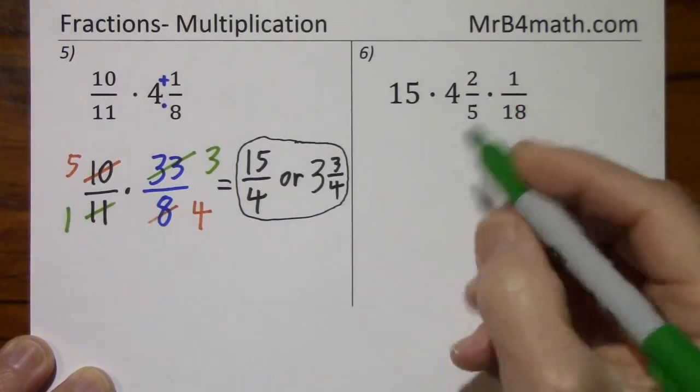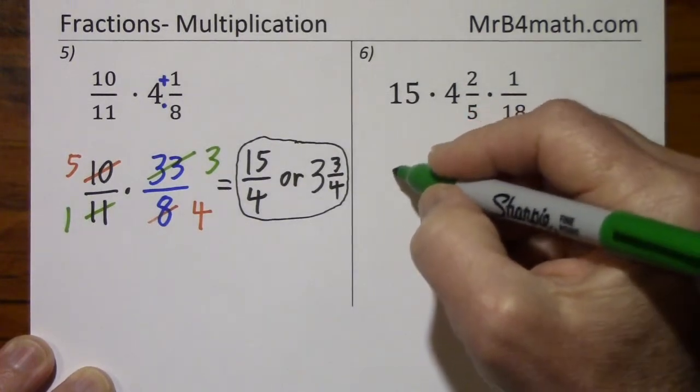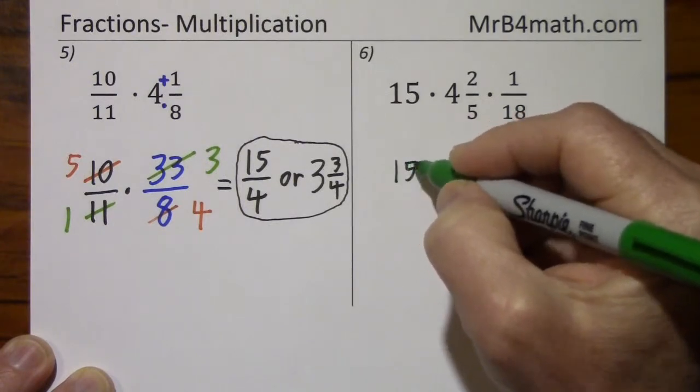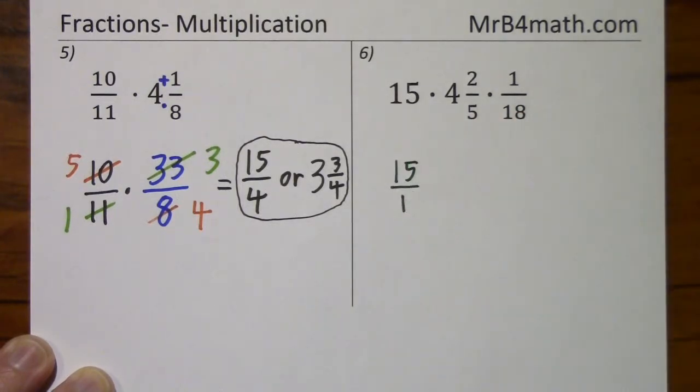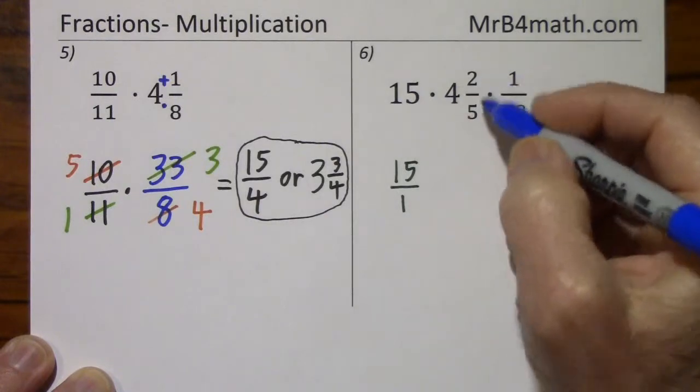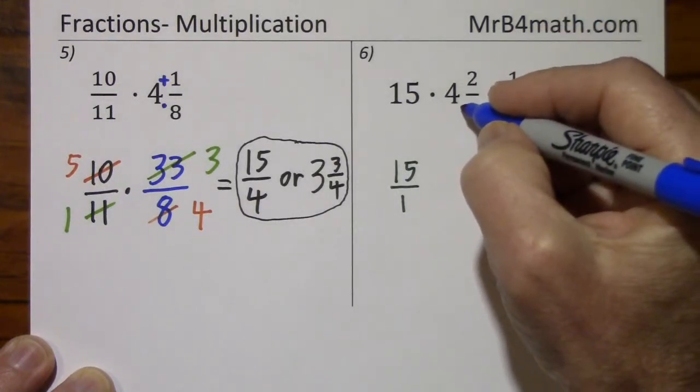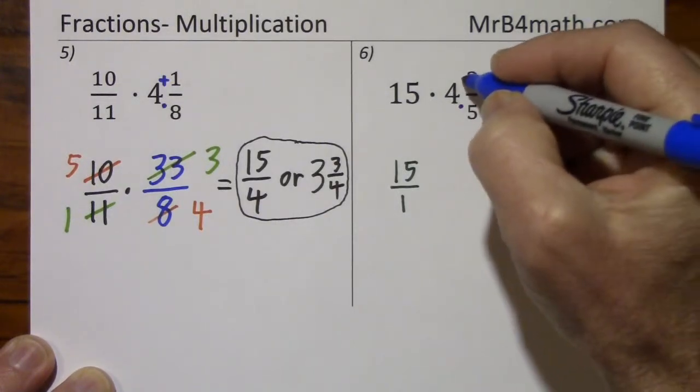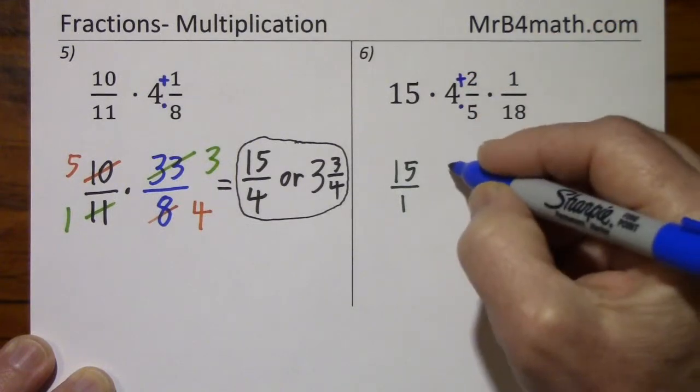And finally, working on this problem, we'll rewrite 15 as 15 over 1. 4 2/5 gets rewritten. 5 times 4 is 20, plus 2.